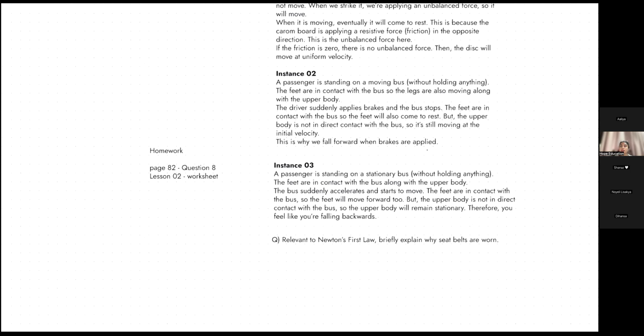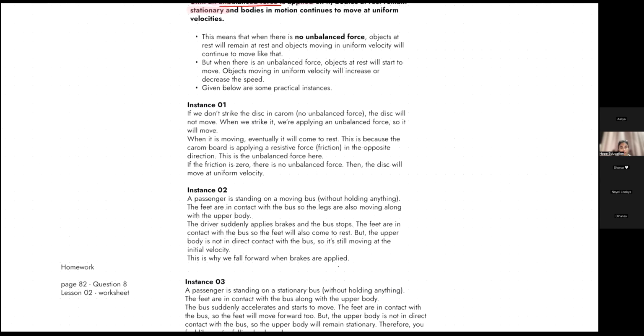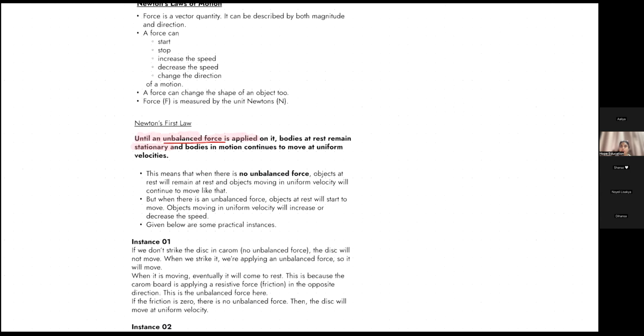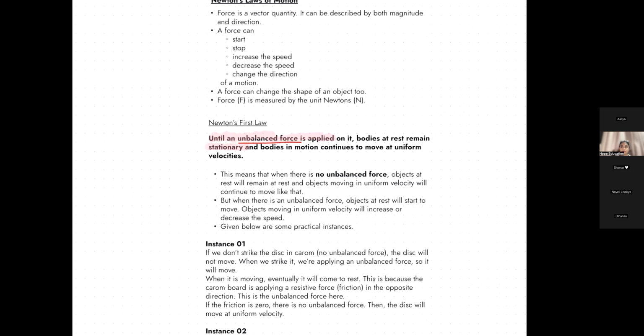Based on what we learned today, do you have any questions? Anything that you didn't understand? Any questions? Or is everything clear? Everything clear. Okay. Up to which lesson are you getting, Savindu? 9th April.